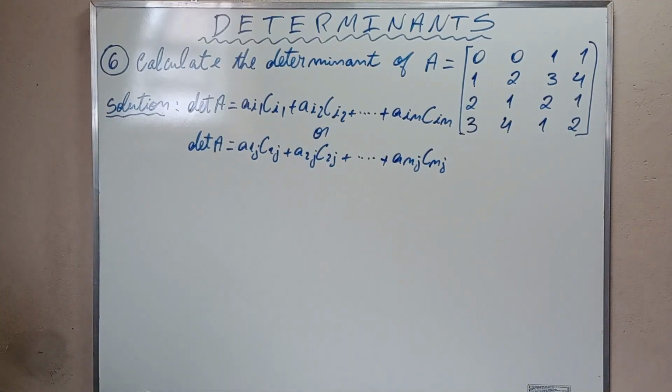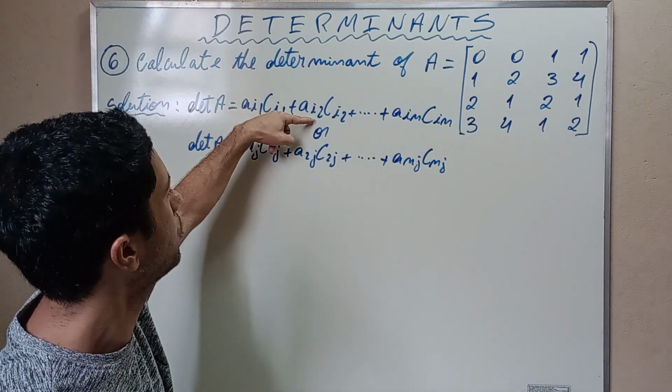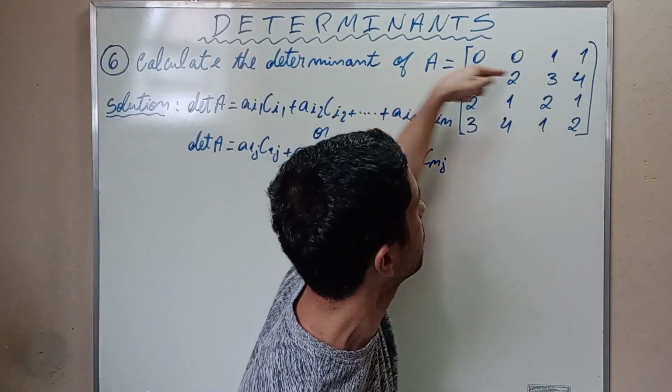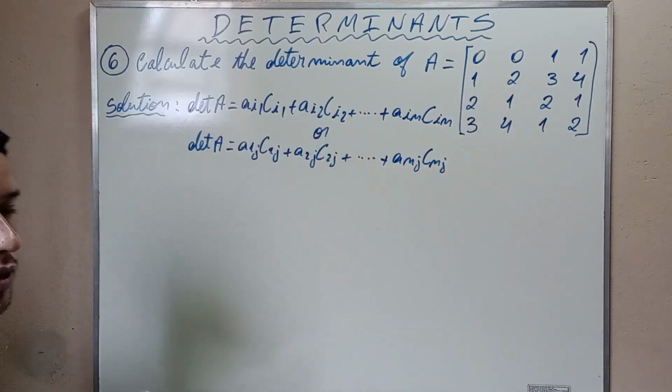And what does it mean? It means that Laplace expansion allows the evaluation of the determinant taking as a reference any row or column. We can choose any rows or any columns of the matrix to calculate the determinant.